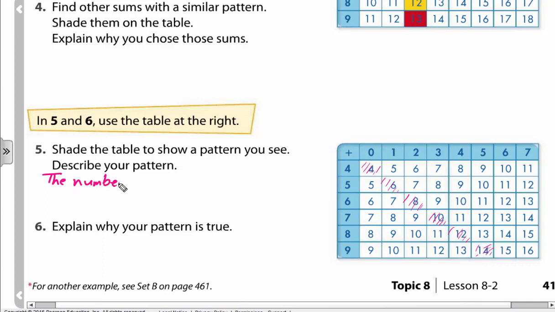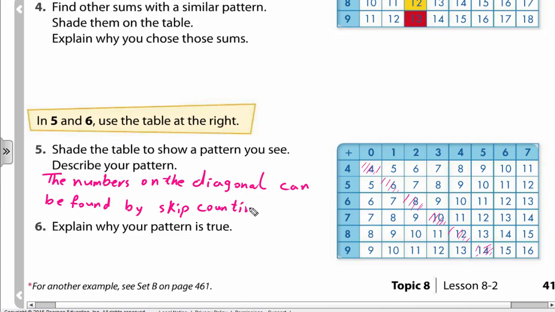The numbers on the diagonal can be found by skip counting by 2.